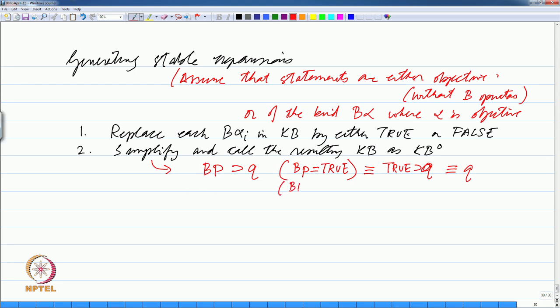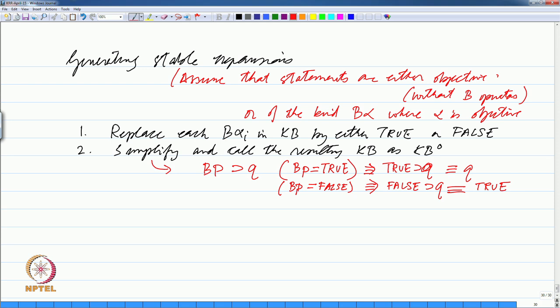If B p is equal to false, then this will become, so let me use this arrow here to see that it gets transformed into this, false implies q, which is equivalent to true.